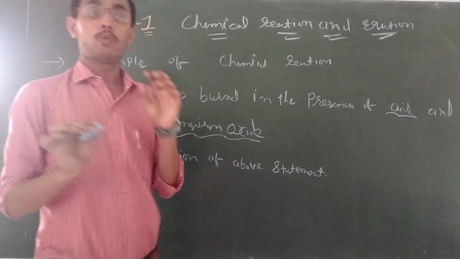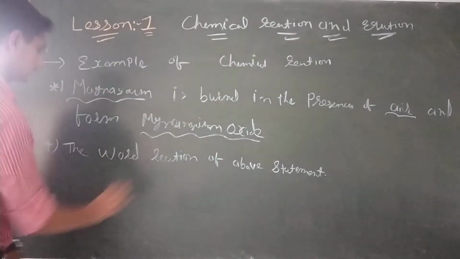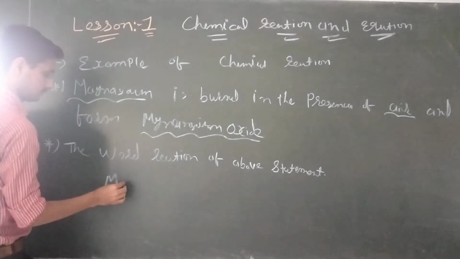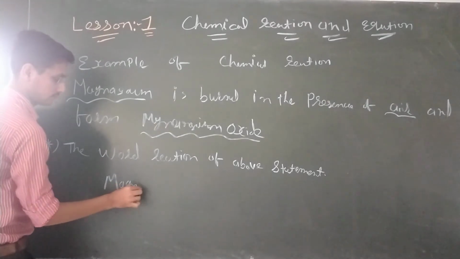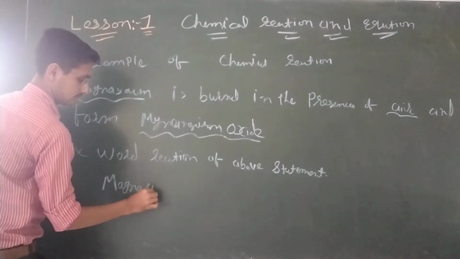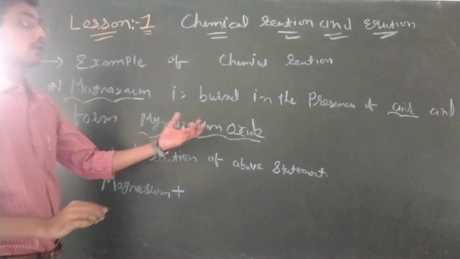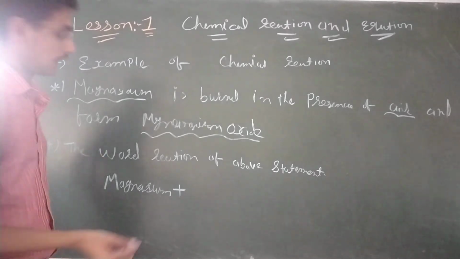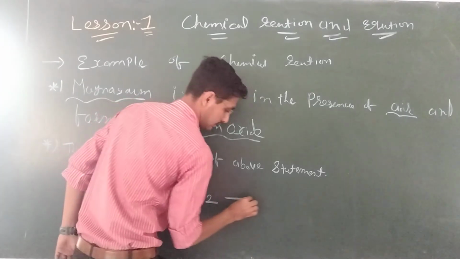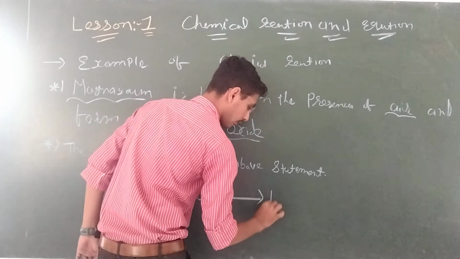So we write it in the form of a word equation: magnesium plus air, which contains O2, so we write O2, gives magnesium oxide.